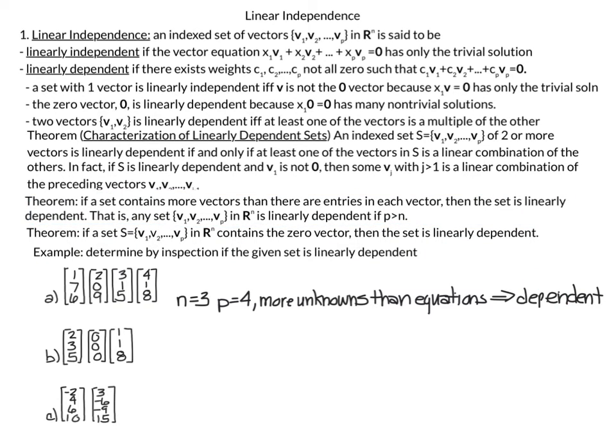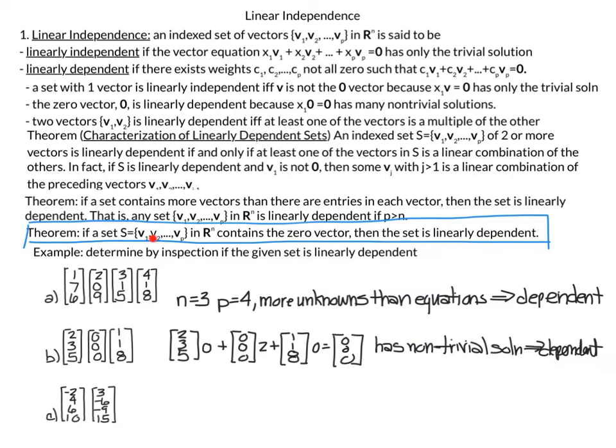Looking at part B, where V1 is equal to 235, V2 is 000, and V3 is 118. In this case, we are going to use this theorem here. So if we have a set of vectors and it contains the 0 vector, then the set is linearly dependent. Since we have the 0 vector, we can say it is dependent.